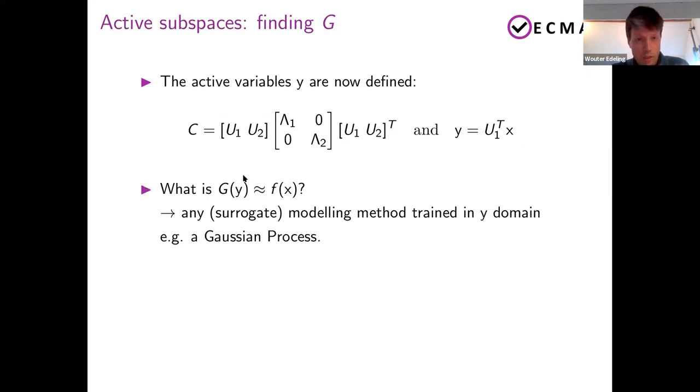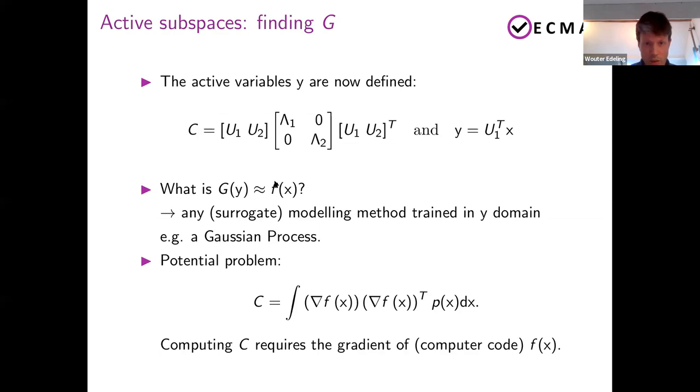And then the last thing you have to do here is make a surrogate in the reduced space. And this could, in principle, be anything, although typically I think a surrogate that regresses would be better than an interpolation-based surrogate. So maybe you could do Kriging, or you could fit a Gaussian process or something like that.